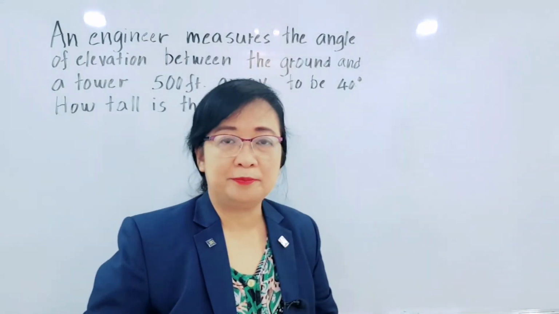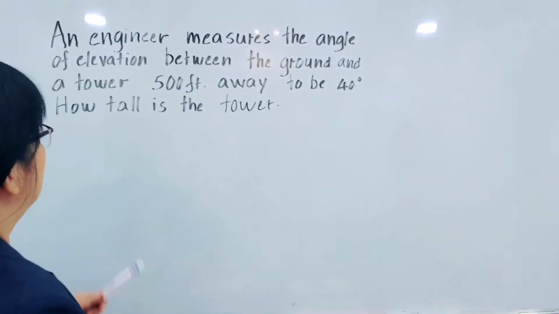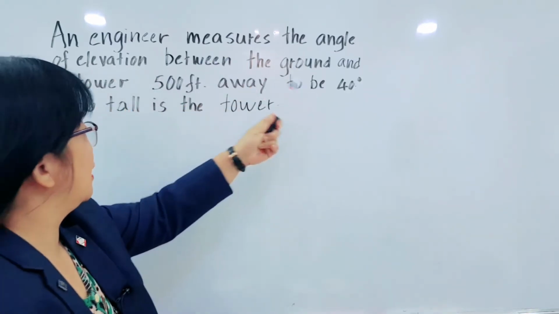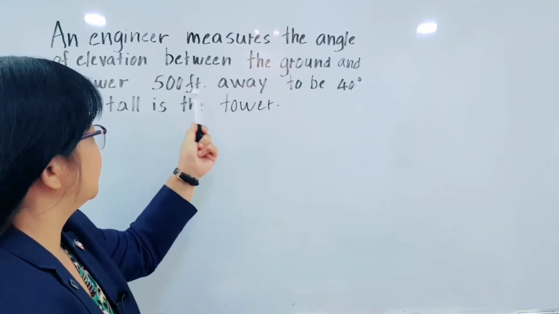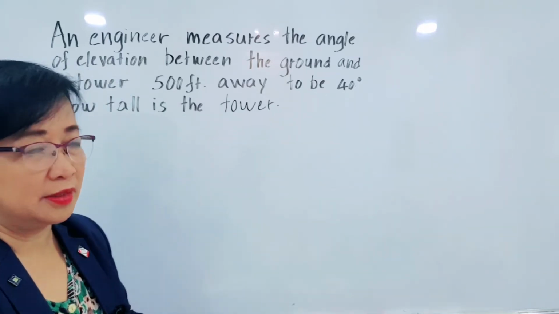Now, another sample problem regarding angle of elevation. An engineer measures the angle of elevation between the ground and a tower 500 feet away to be 40 degrees. How tall is the tower?